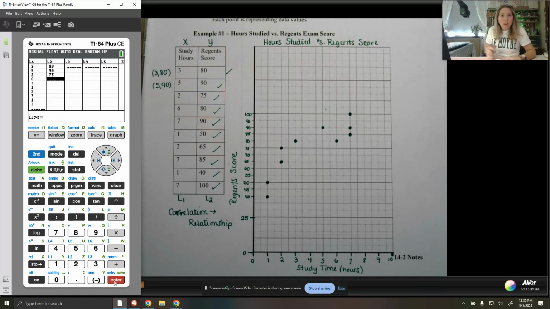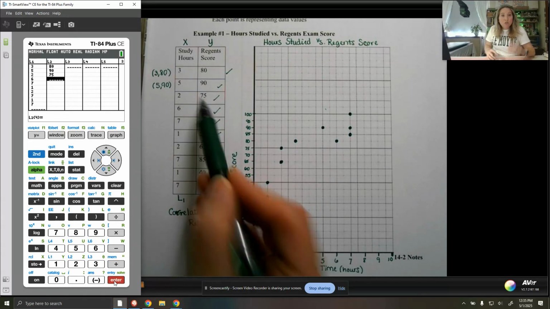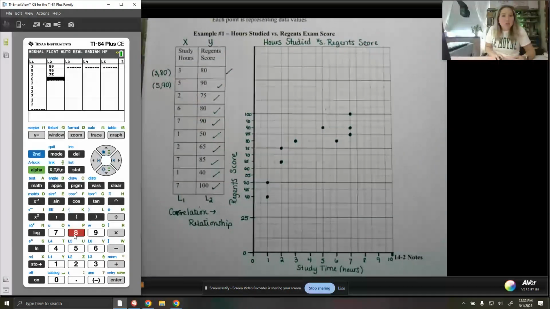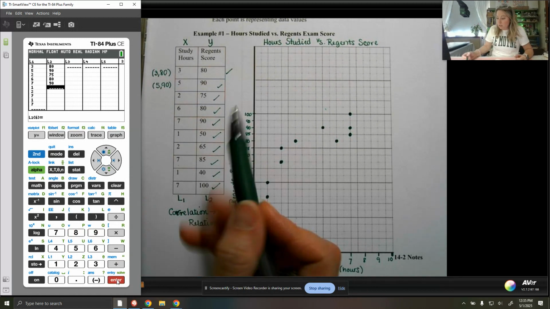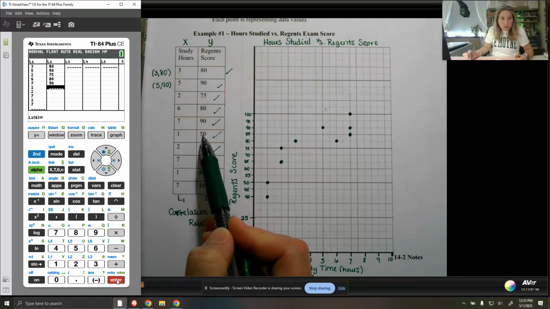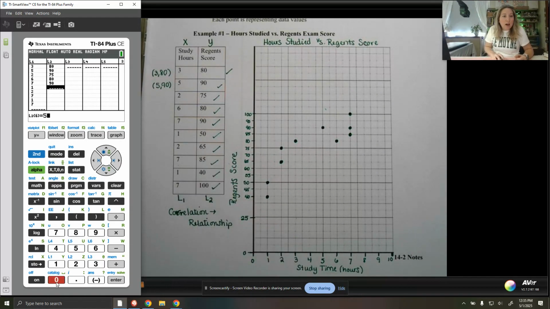75. Okay, so notice it's matching up with 2. So notice as I'm going, I'm making sure that the coordinate points that I have already graphed are actually matching up as X value, then Y value. So I'm making sure of that as I plug in my Y values down my table for L2.